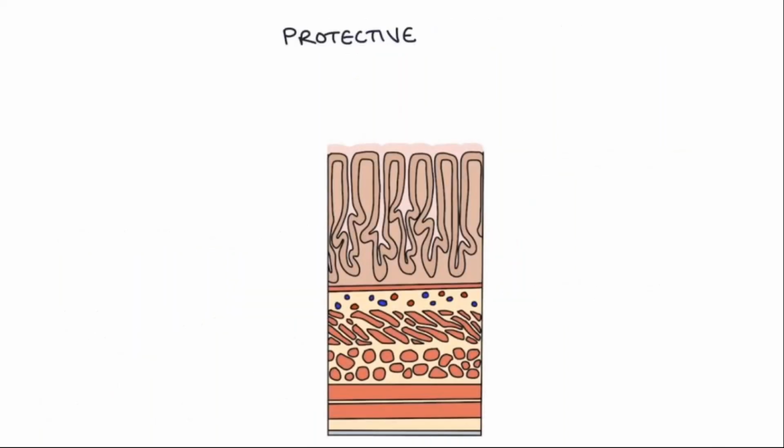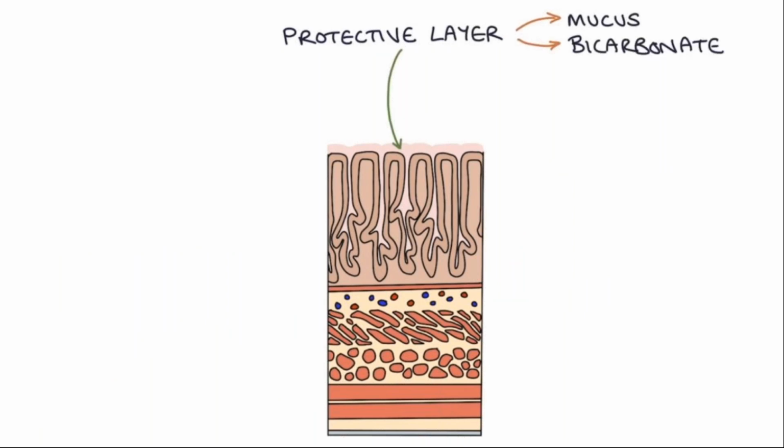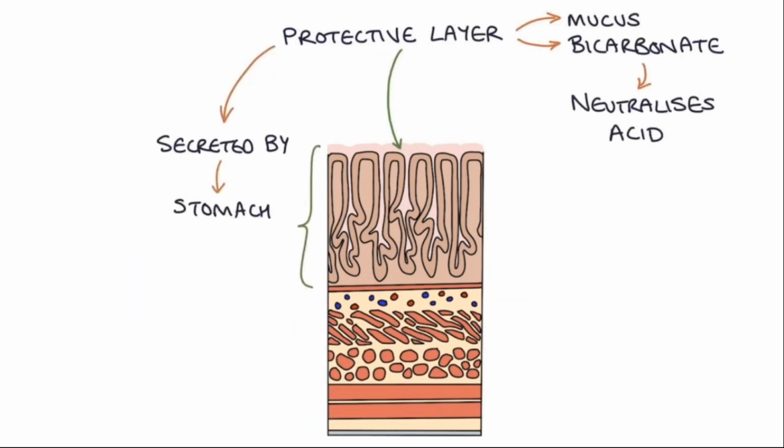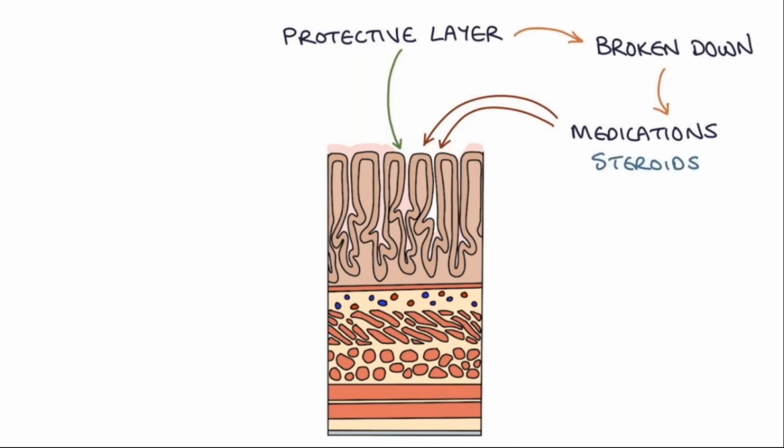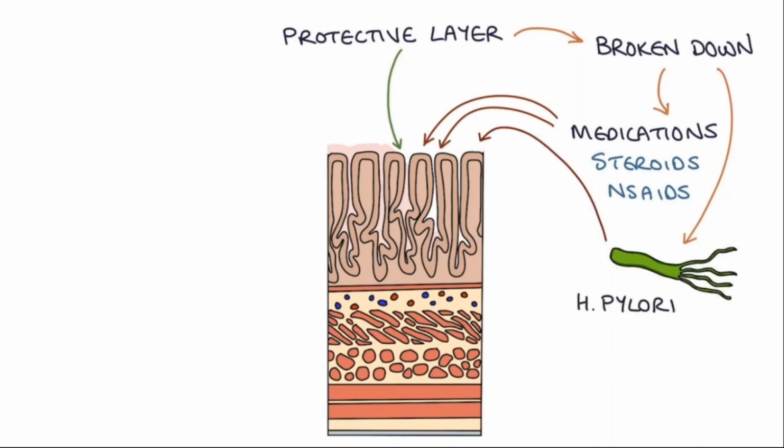Normally there's a protective layer in the stomach which is comprised of mucus and bicarbonate, which neutralizes the acid, and this is secreted by the stomach mucosa. And this protective layer can be broken down by medications, such as steroids or non-steroidal anti-inflammatories like ibuprofen or naproxen, and a bacteria called Helicobacter pylori.